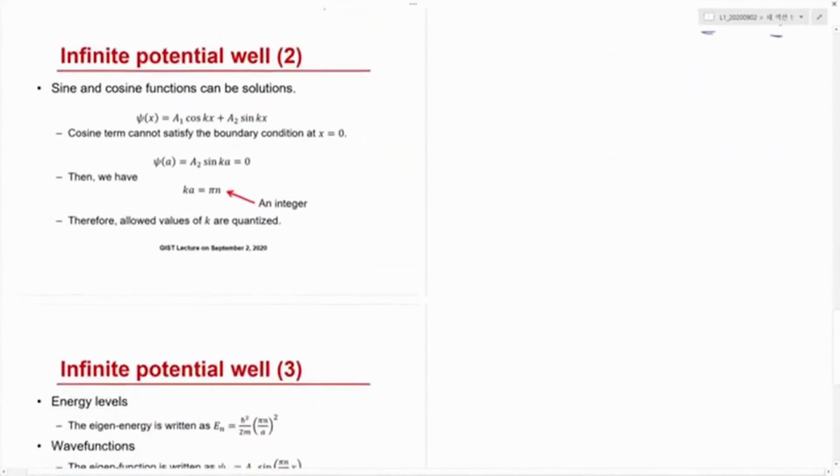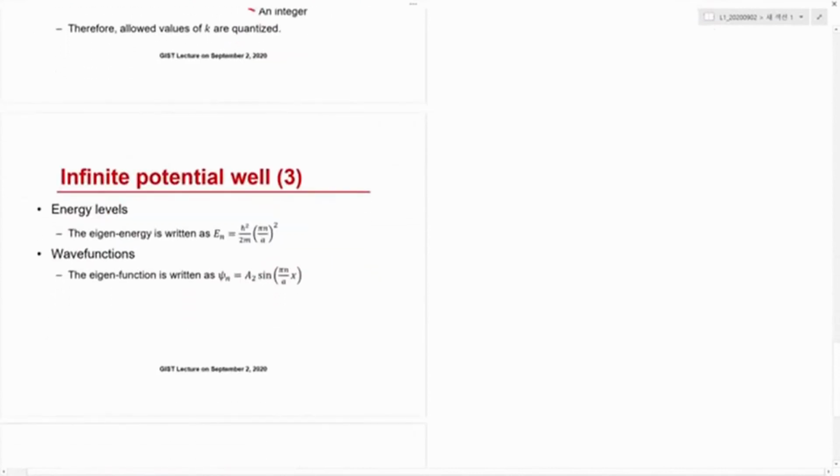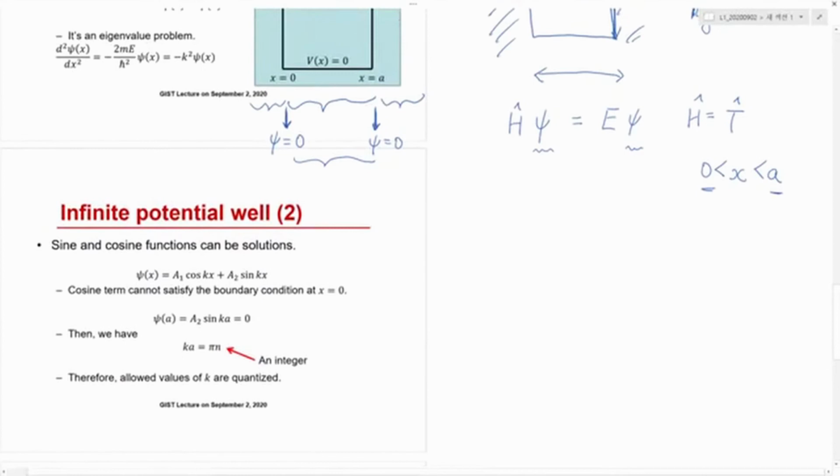So basically, all of this problem can be cast into this form. The important message is that we now have a certain second order differential operator. Our wave function psi, when twice differentiated, gives us minus k squared times psi.